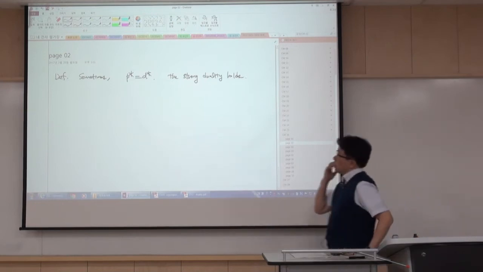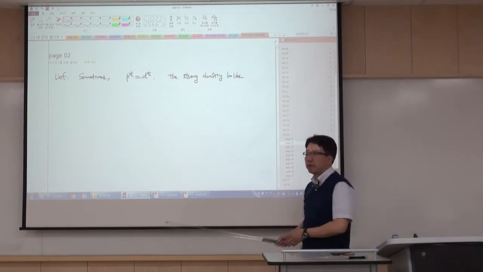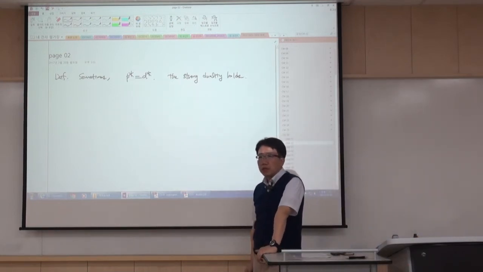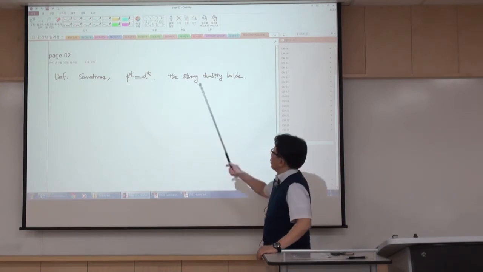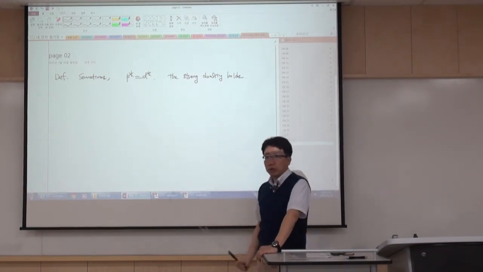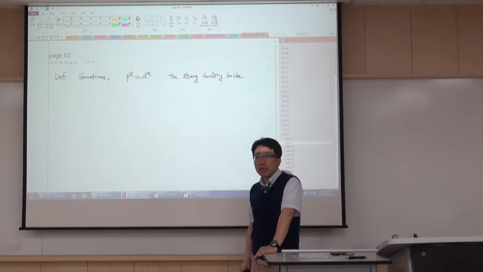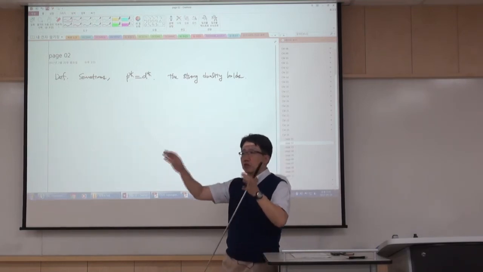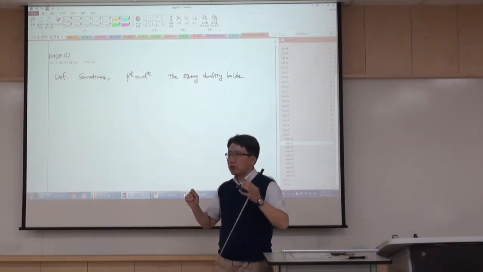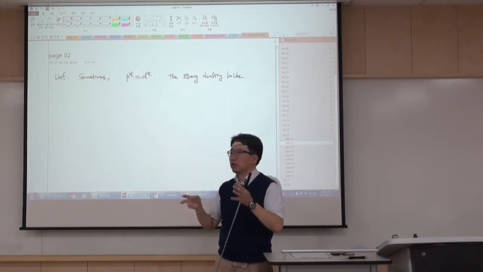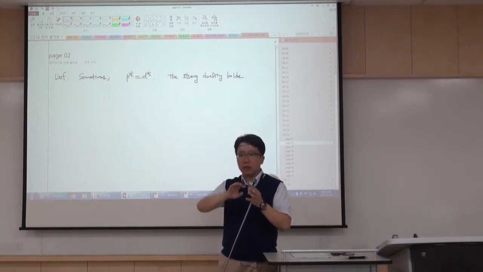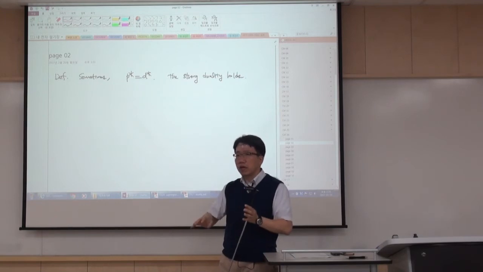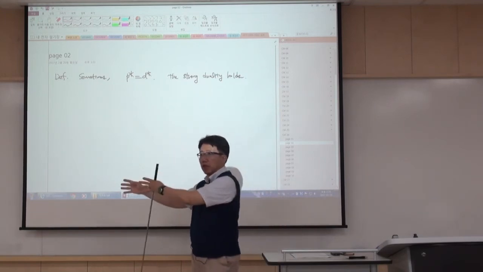Unfortunately, we do not have a necessary and sufficient condition for the strong duality to hold. We have many examples, and we have many sufficient conditions. What does that mean? If such and such sub-conditions are met, collectively called a sufficient condition, then P star equals D star.